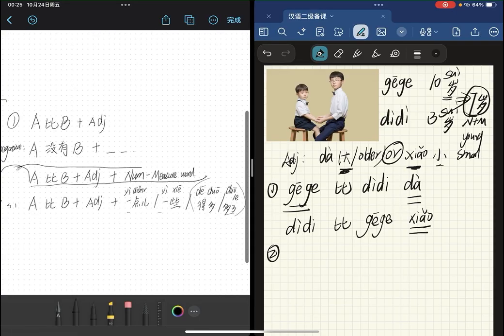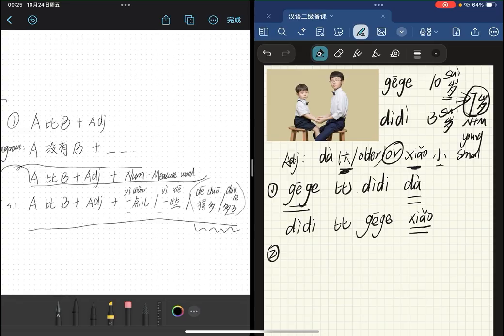So if I use the second structure, I just need to choose a word to express a big difference. We know 多 and 多了, these two words can both express a big difference. So I just need to choose one.